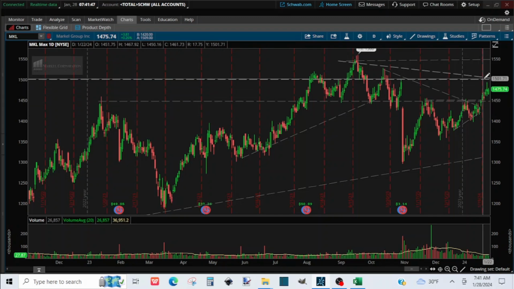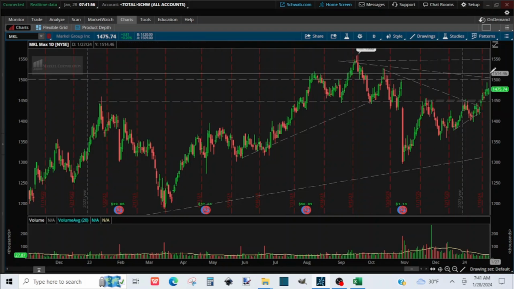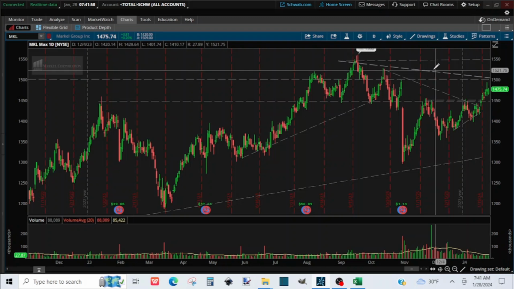So it's struggling with this line. It's close to it. It needs to surpass it, go up, pull back to it, and start going up before we use it as a line.